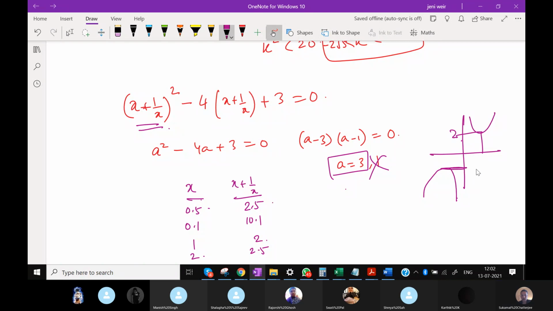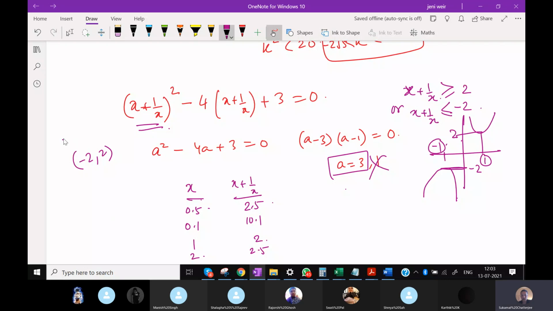Which means the graph of x plus 1 by x will always be greater than or equal to 2, right? Or x plus 1 by x will be less than or equal to minus 2. So x plus 1 by x can never lie in the open interval minus 2 to 2.